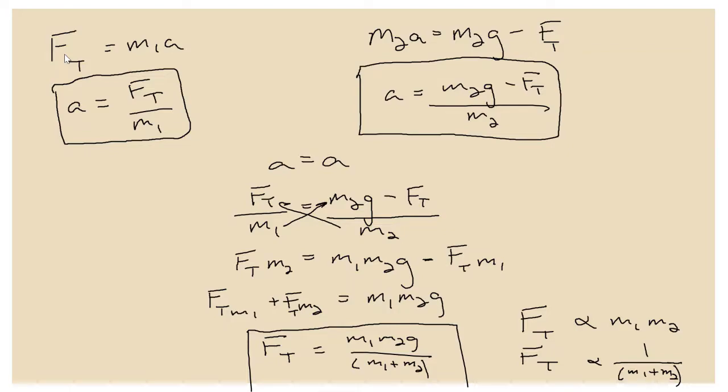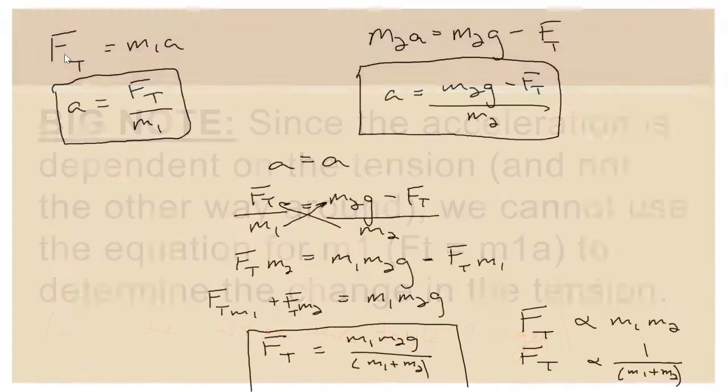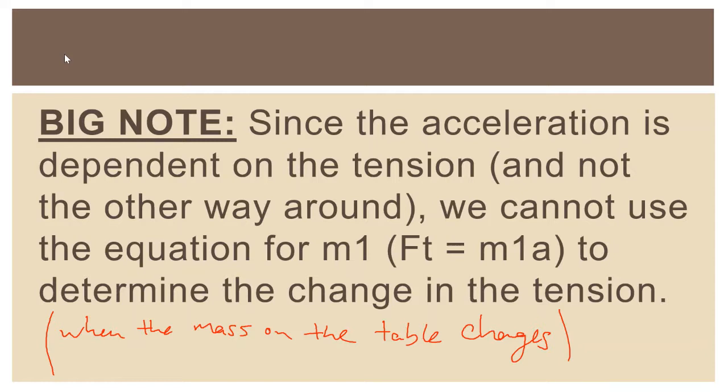What's a little complicated is you can't quite use the equation Ft equals m1a because, number one, the acceleration is dependent on the tension, and the tension is not dependent on the acceleration. And number two, even if you ignored that fact, looking at the tension being directly proportional to the mass and directly proportional to the acceleration, one of them increases and the other decreases. And so you've got to be careful about it. The way to do that is by using those equations and thinking about the ratios.